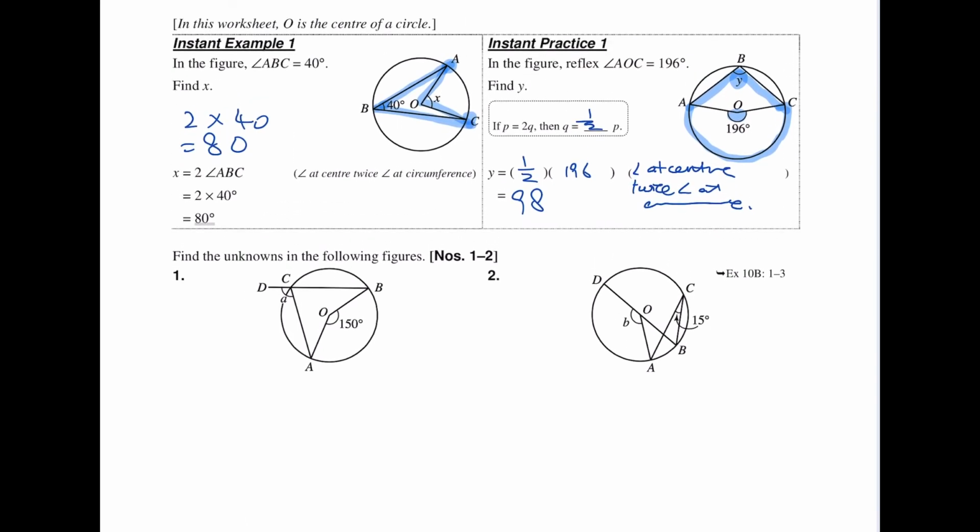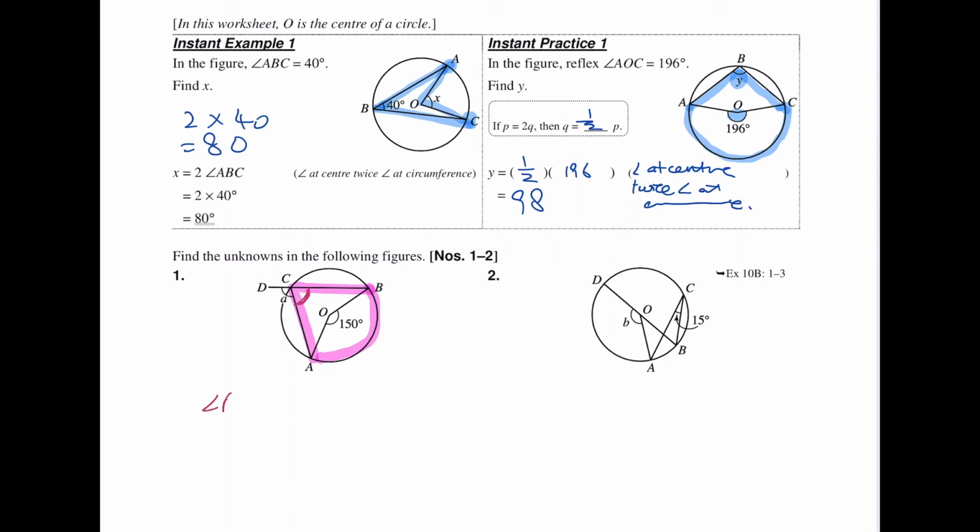Here we are given 150, and that 150 angle is here, right? It came from this AB, and this AB also goes here. So the first thing you will be able to find is not A, actually it's this angle.